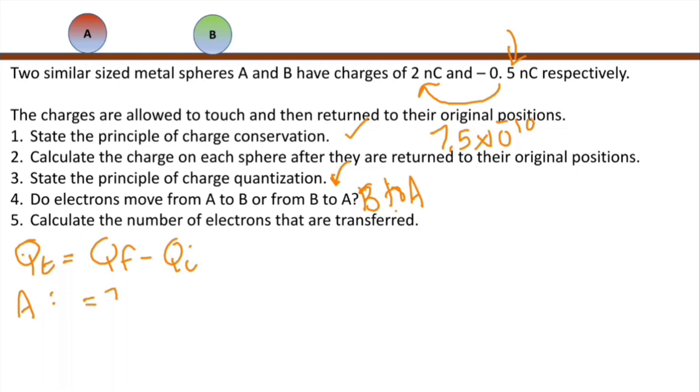It's 7,5 times 10 to the minus 10. The initial charge of A was 2 times 10 to the negative 9. So I'm going to grab my calculator again and subtract those two numbers.